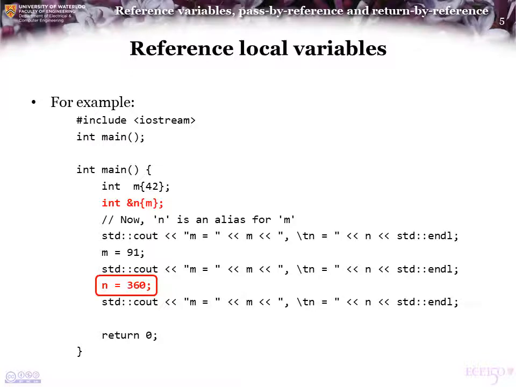So if we execute this program, the output is m and n are initially both 42. After m is assigned the value 91, both m and n have the value 91. And when we assign to the reference variable n 360, that updates the value of the local variable m, and when we print them both out, we get, again, both equaling 360.